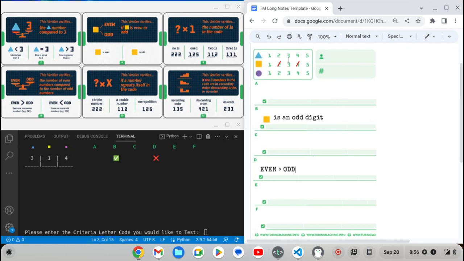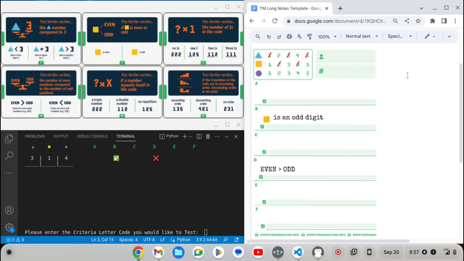And notice that we already established square to be odd. And so that means that both triangle and circle must be even. So let's go ahead and cross out all of the odds for both triangle and circle. Just experiencing a little bit of lag.